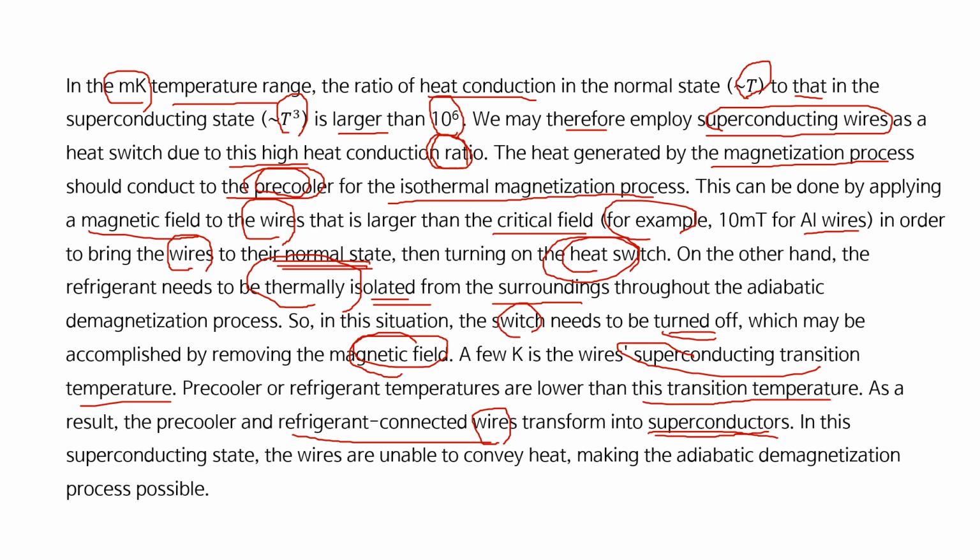So the process can be done adiabatically. So in this superconducting state, the wires are unable to convey heat, making the adiabatic demagnetization process possible.